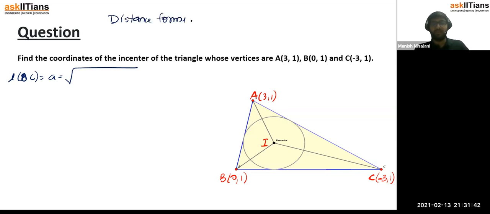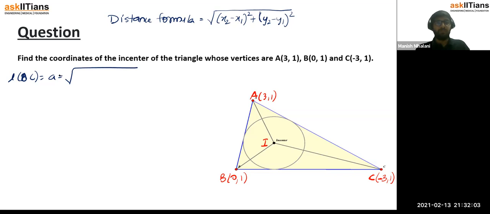The distance formula gives us the distance between 2 points: square root of (x2 minus x1) whole square plus (y2 minus y1) whole square.